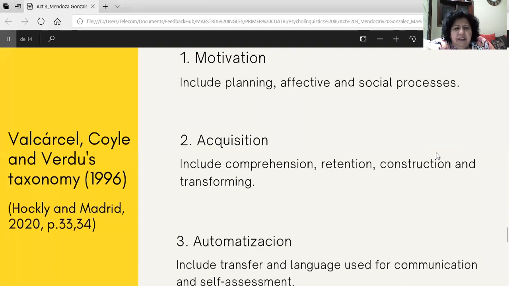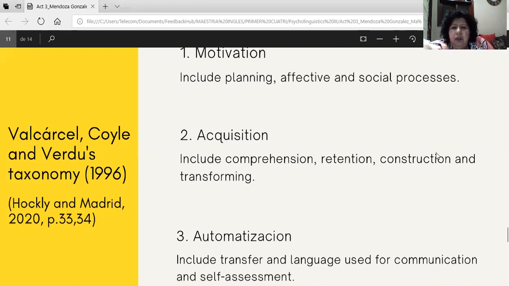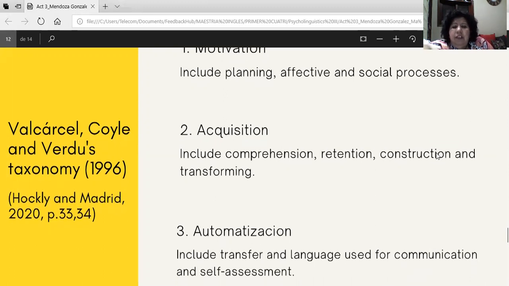Then Bialystok, Coyle, and Verdus also presented a taxonomy in 1996, and here we can find three fields, which are motivation, acquisition, and automatization. Motivation includes planning, affective, and social procedures. Acquisition includes comprehension, retention, construction, and transforming. And the last one is automatization, which includes transfer and language use for communication and also self-assessment.